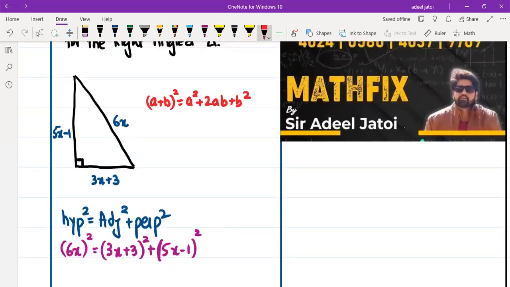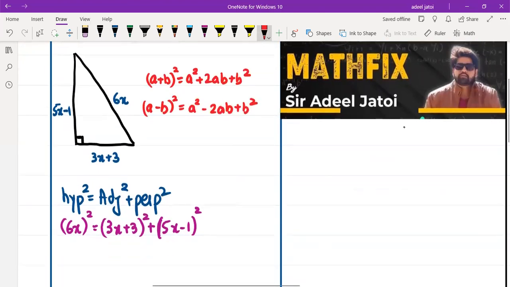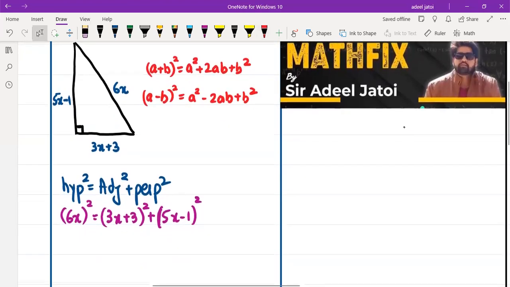And there is a possibility of a minus b whole square as identity 2, so this is a square minus 2ab plus b square. So in this question, your identities are used as well. 6x square is your hypotenuse, adjacent is 3x plus 3 whole square, and 5x minus 1 whole square, because whole square is in the formula.